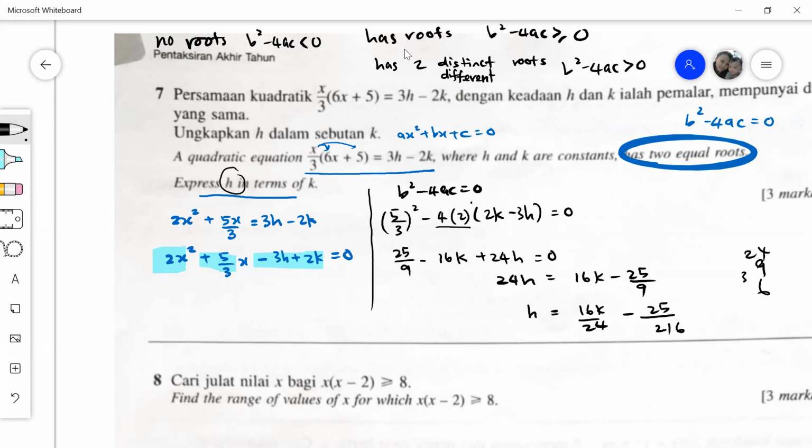This one simplifies. So we will have 2 over 3 k minus 25 over 216. That's it. That's the answer. Any question? No. Okay, now let's move on.